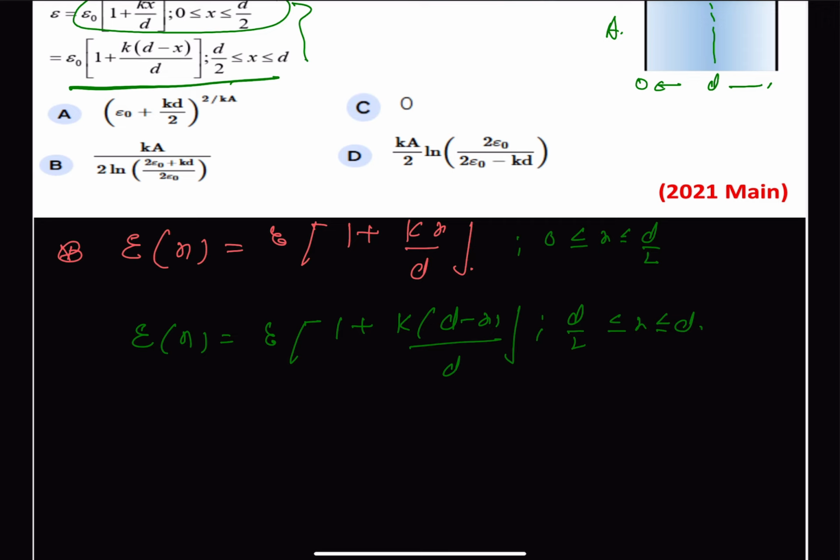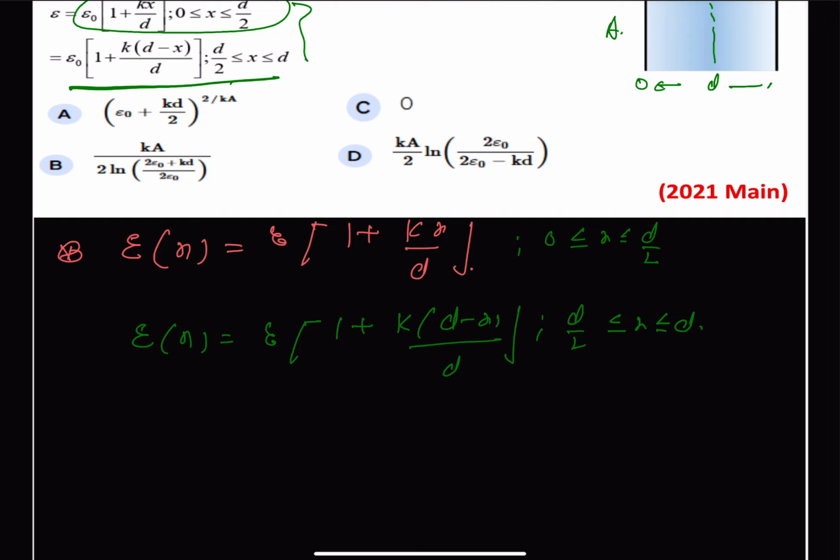From this equation, we can clearly see that there is a symmetric profile of our permittivity. It increases linearly up till the middle, and then it decreases linearly.